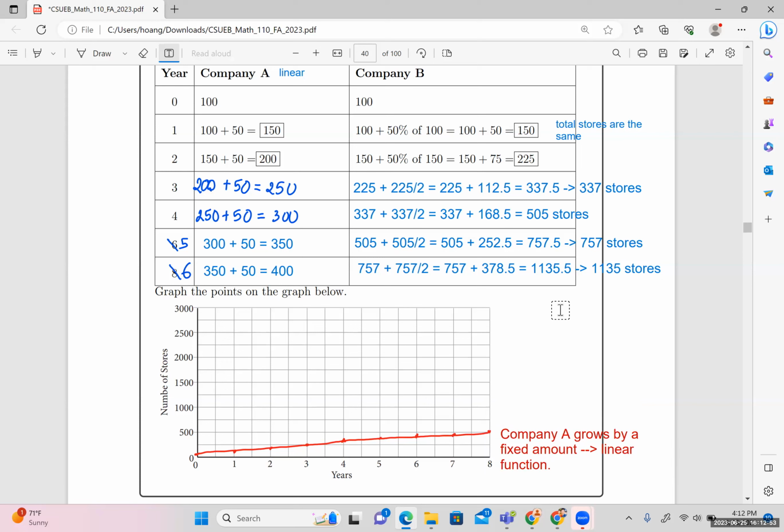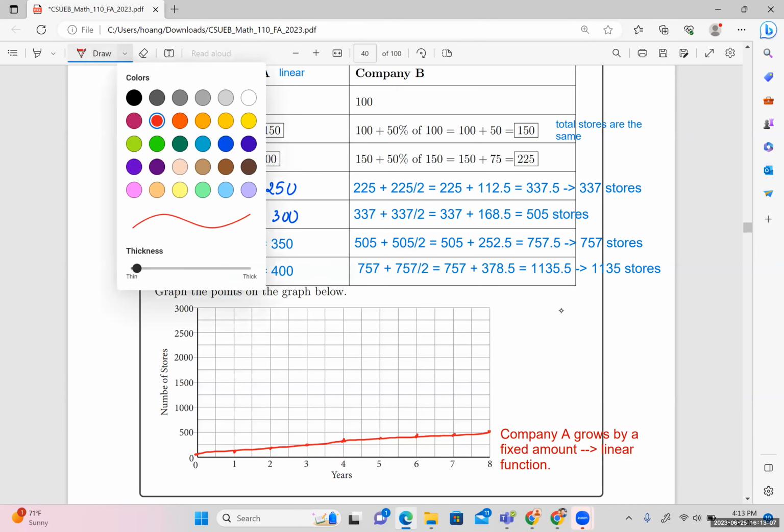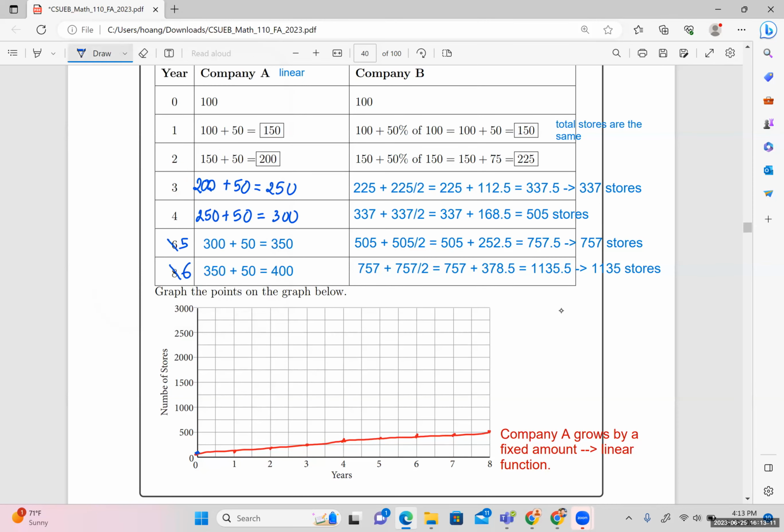I will do company B as the blue one. The first 2 points are going to be the same.